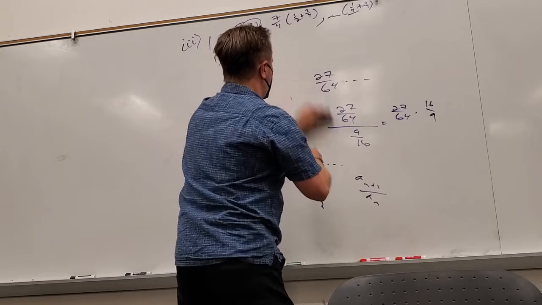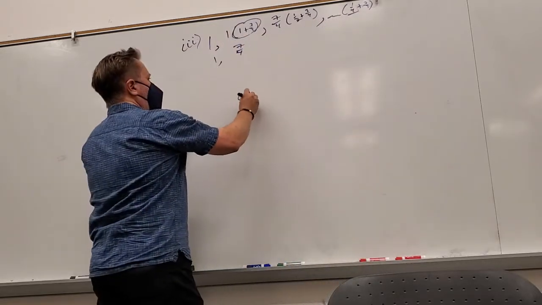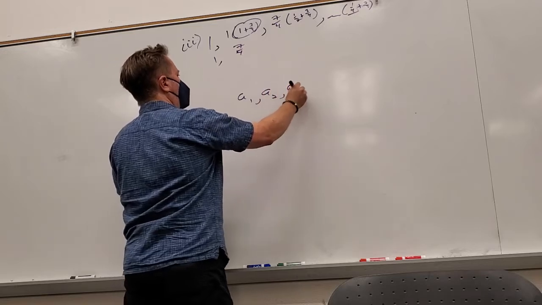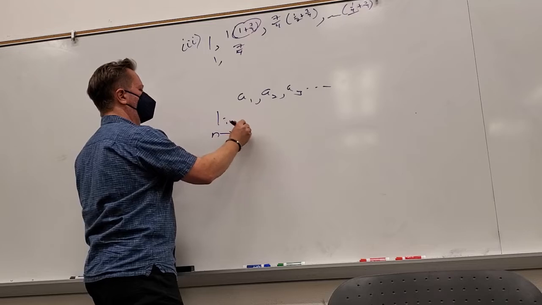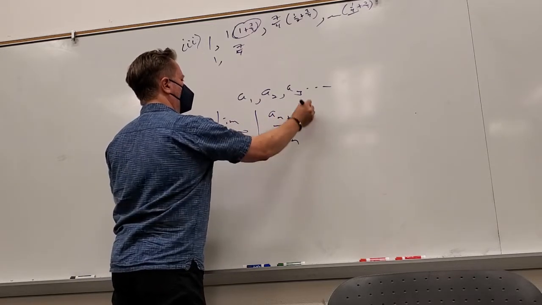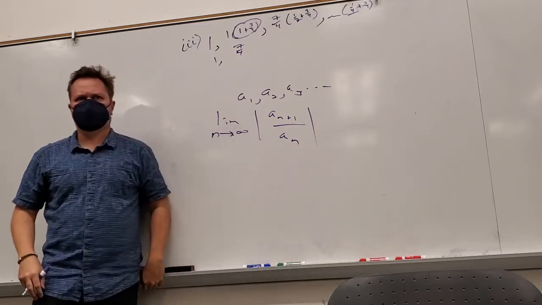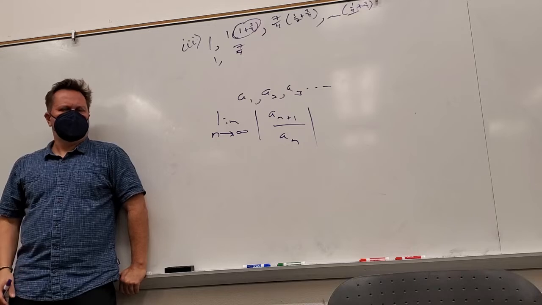So, if I am given a sequence and I take the limit as n goes to infinity of the next term divided by the previous term, I'm going to do absolute value. Because remember, geometric is the absolute value bar less than 1.